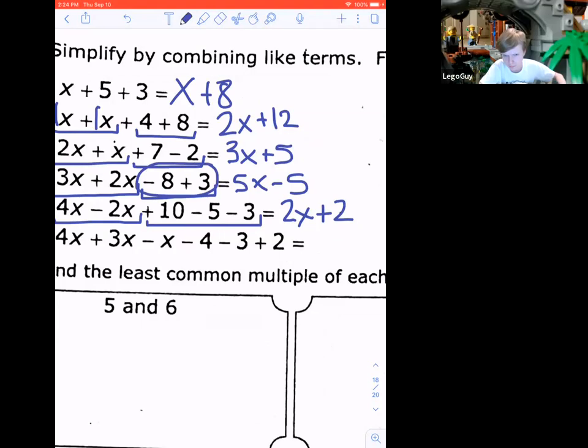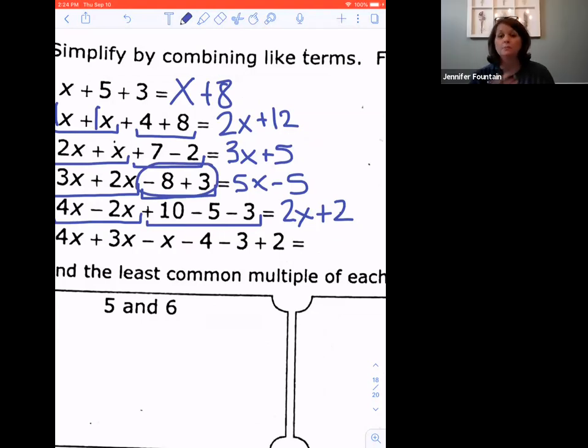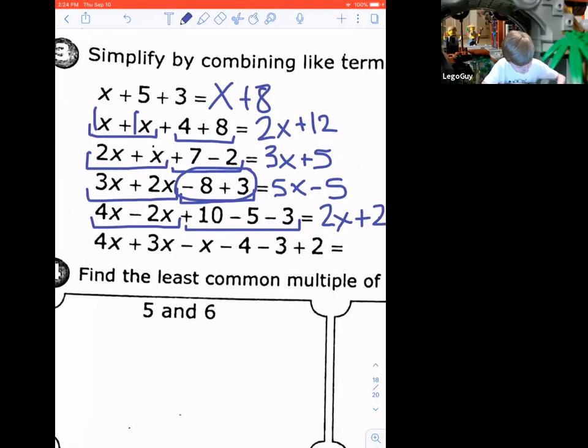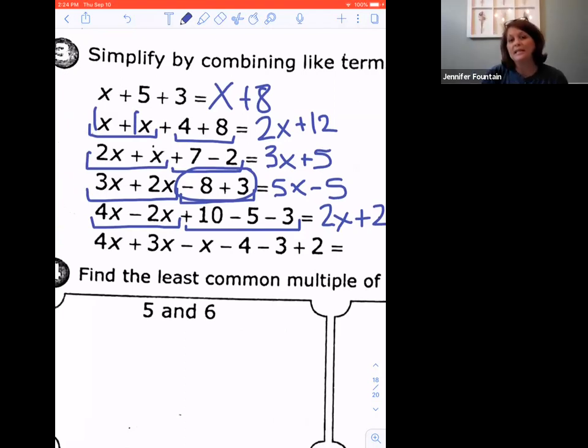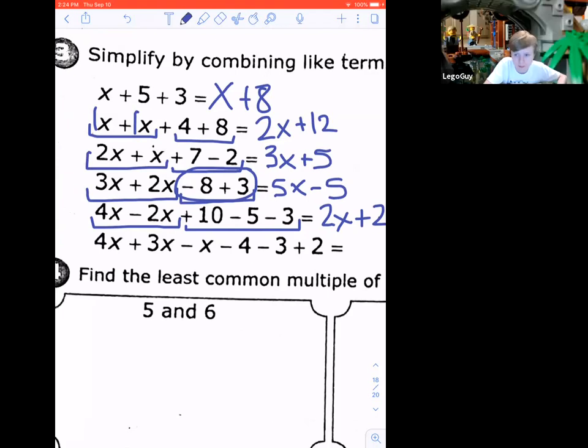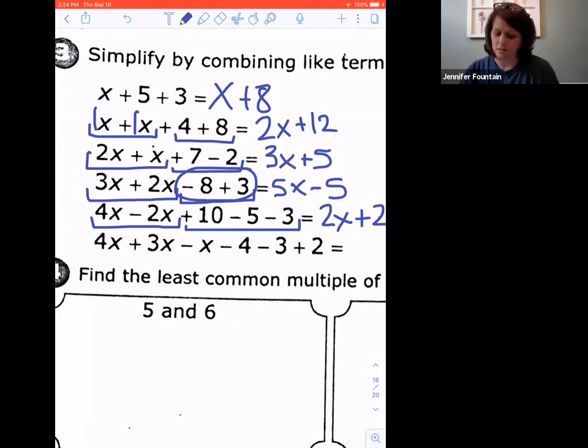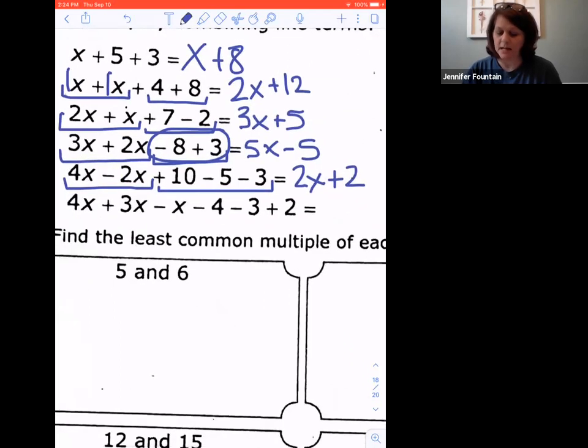So since the minus sign is in front of it, remember if I'm subtracting or if I have a negative sign, in this situation we have to treat that as a -8. Okay. So then, same thing here. We've got 10 minus 5 is 5, and 5 minus 3 is 2.